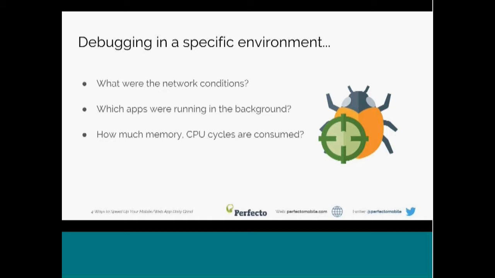And this doesn't just go for native mobile apps. This goes for web apps that are run on mobile devices as well. A vast majority of the websites out there are viewed on mobile devices. And so this becomes germane to understanding what went wrong in a number of circumstances, particularly network latency.